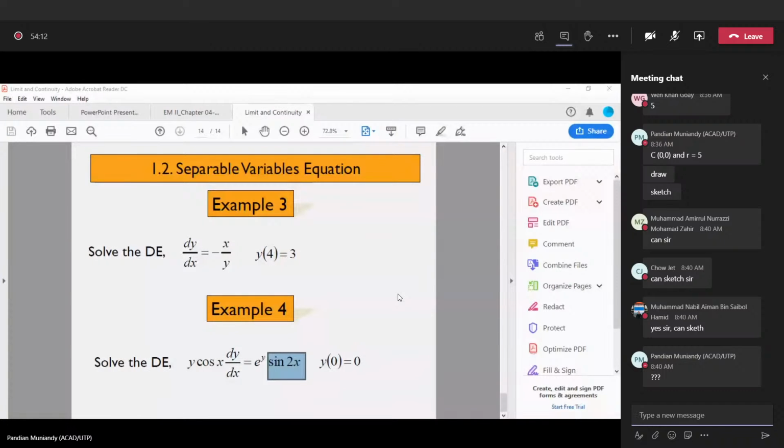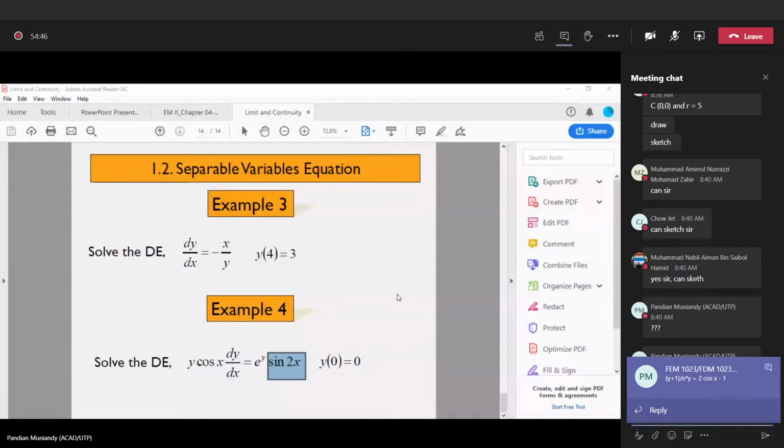So the final answer will be (y plus 1) divided by e^y equals 2 cos x minus 1. So this is the answer.